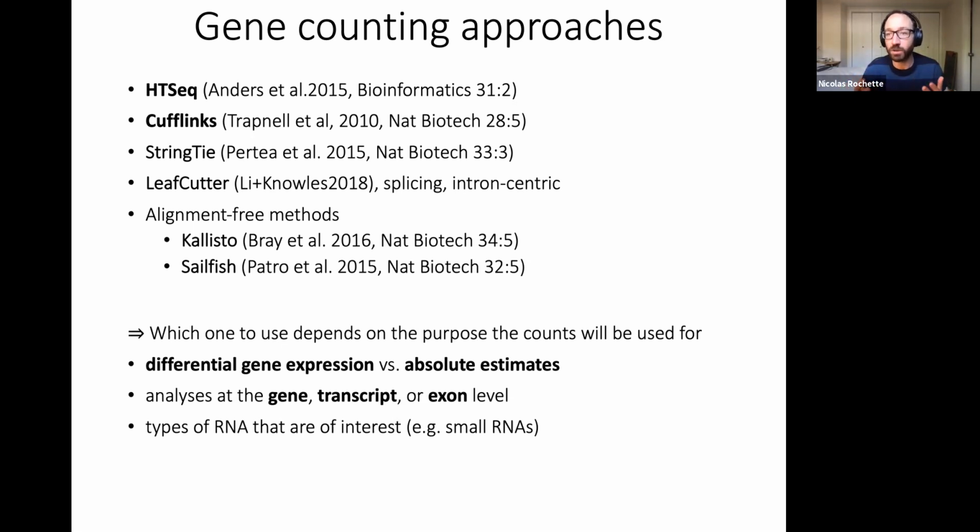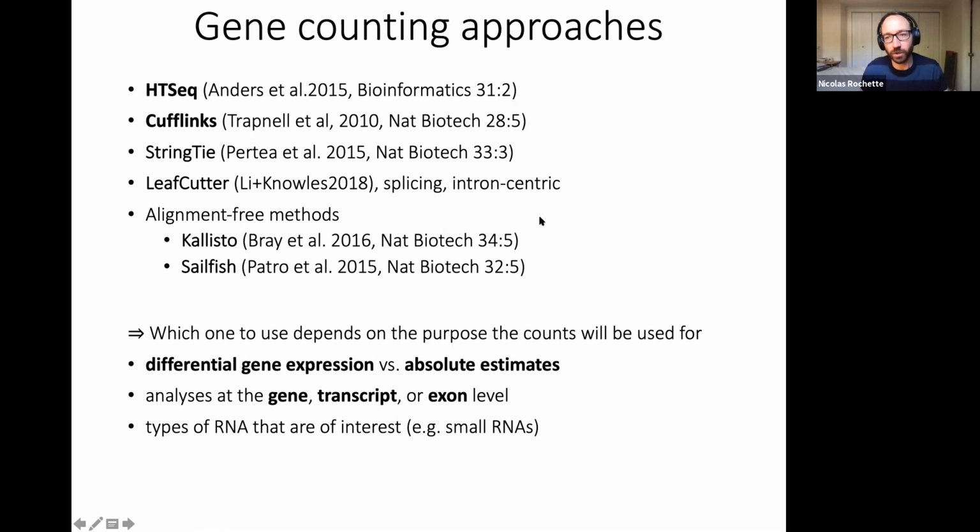And then we have a problem of quantifying where these reads are coming from. So we have more issues with systematic biases when we're trying to look for absolute estimates than when we're trying to look for differential, for direct comparison between two groups of samples. So the differential expression case is where the systematic biases are less of a concern.